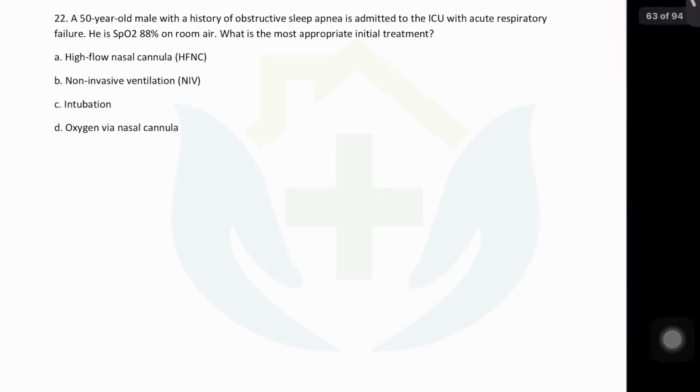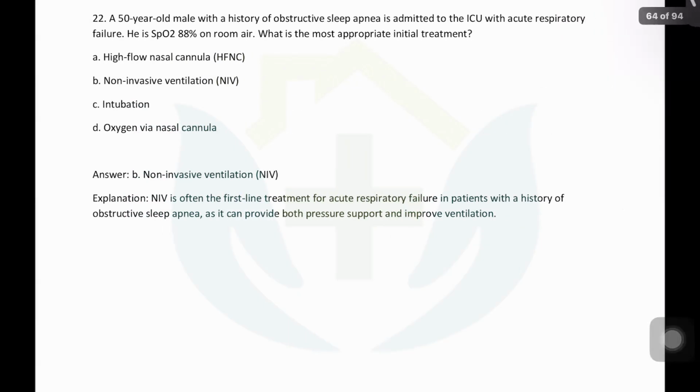So what will you use? What is the most appropriate? Obstructive sleep apnea is the history of the patient. Will you use high flow nasal cannula in this patient? I think no, B. So B, the best is to use a BiPAP device in this patient. It is a non-invasive ventilation that will help this patient.